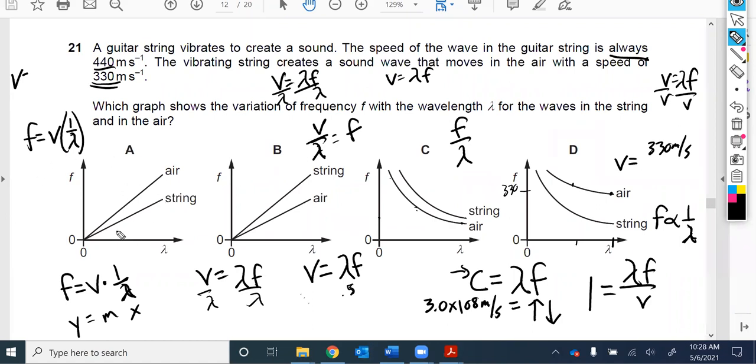I'm not really sure how to manipulate this to relate it to the velocity, because obviously the other clue is that these velocities are 440 and 330.